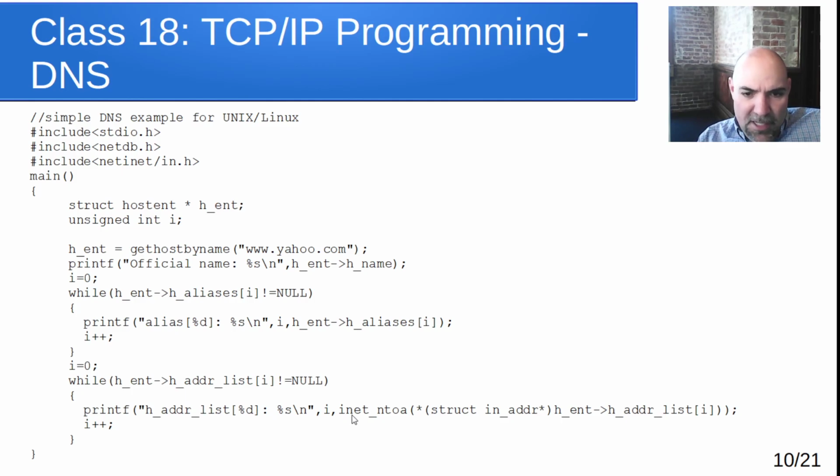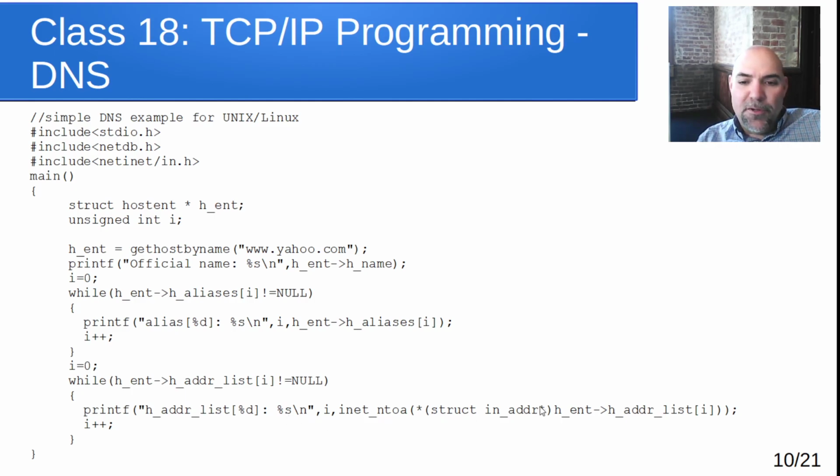But you'll notice here that I take what's in that slot position, I cast it as a struct in_addr pointer, and then I get the thing pointed to by it, and then I do this inet_ntoa, which takes the internet address number and converts it to ASCII. So inet_ntoa says take an internet address, convert it from the actual address, which it is because I just cast that, into ASCII. The A stands for ASCII, and then that will show them in the numbers and dots notation.